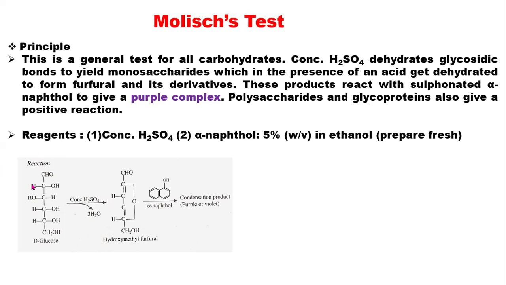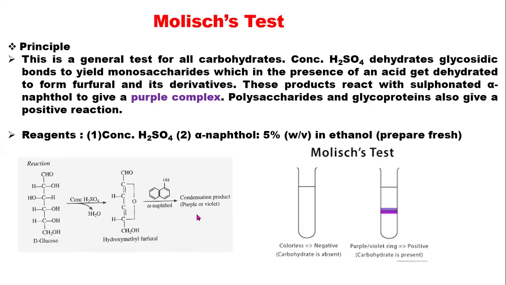Okay, so this is the reaction you have. For example, glucose is now dehydrated with concentrated sulfuric acid, and you have a furfural derivative that is formed, which in this case is hydroxymethyl furfural. In the presence of alpha naphthol, you have a condensation product which is purple or violet as the case may be.